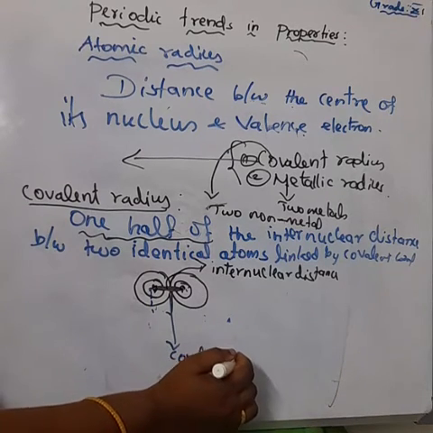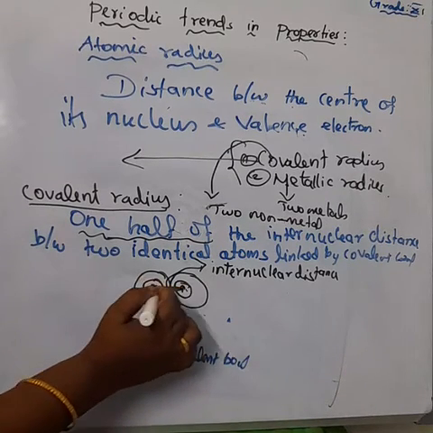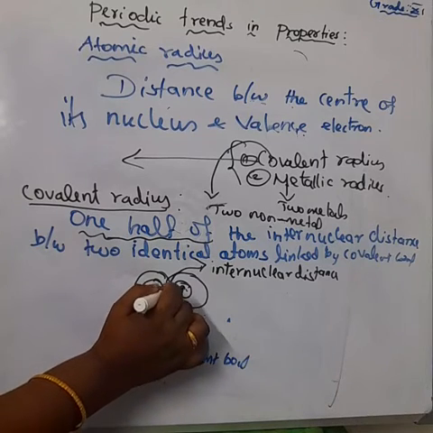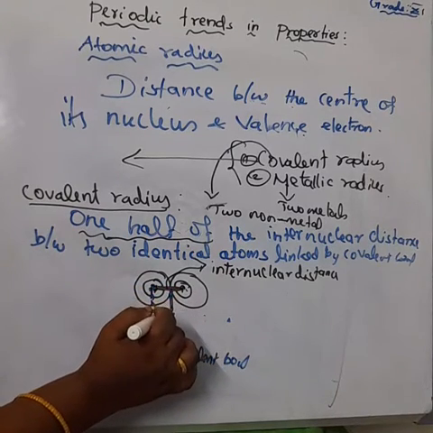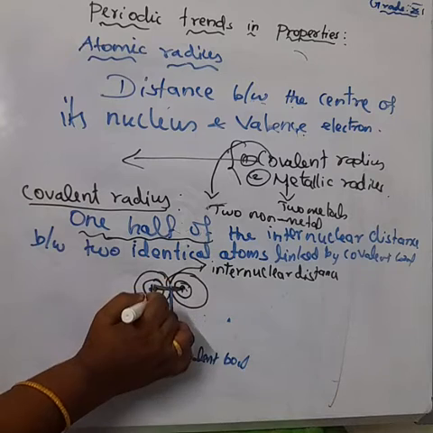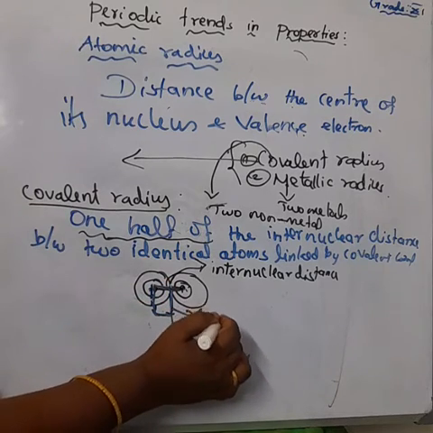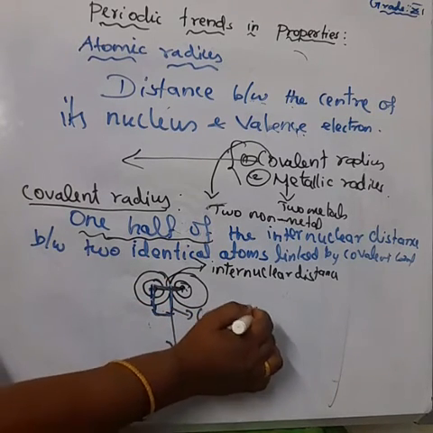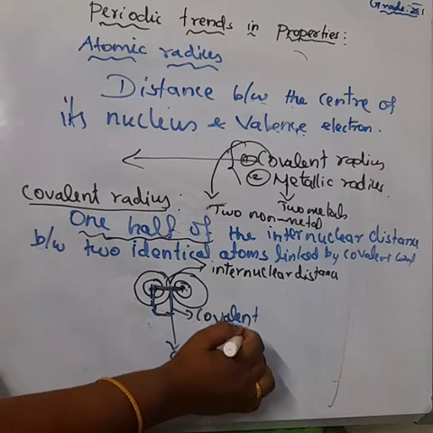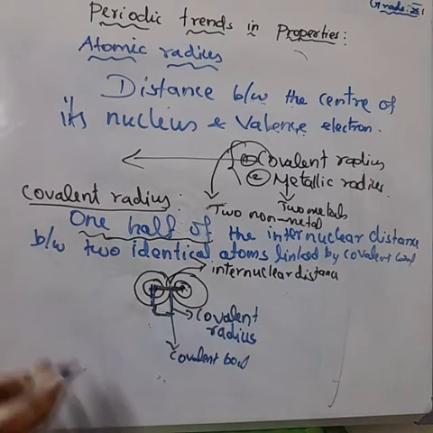So covalent radius means one half. We take half of the internuclear distance of the two covalently bonded atoms, and that is called the covalent radius. Understood? How can we measure the internuclear distance?